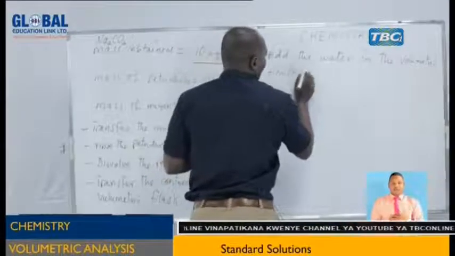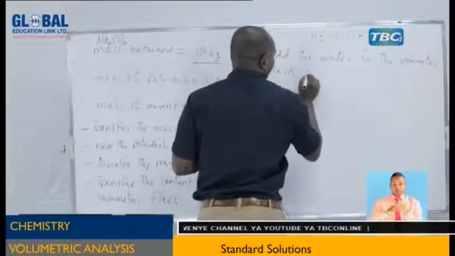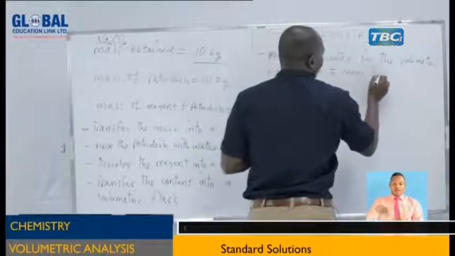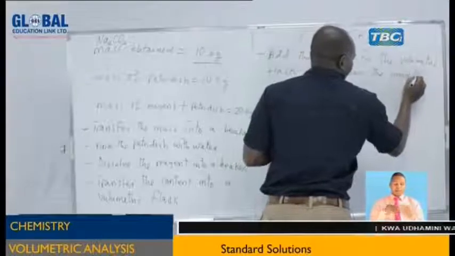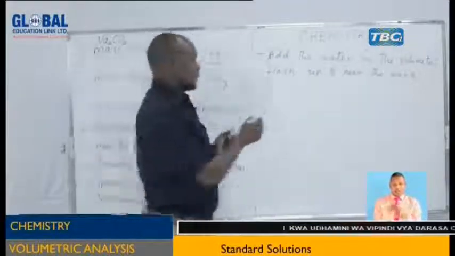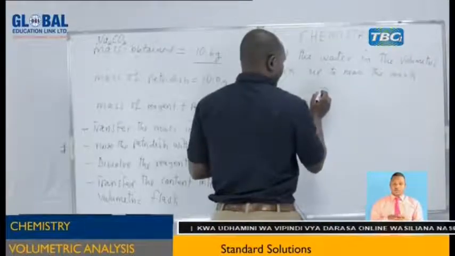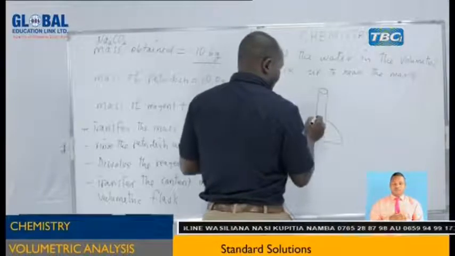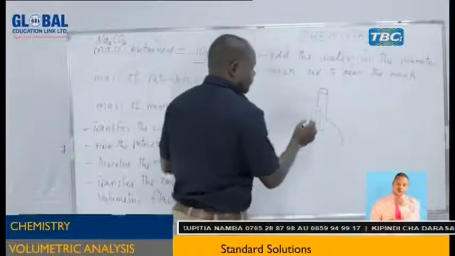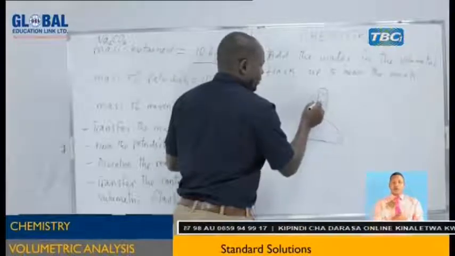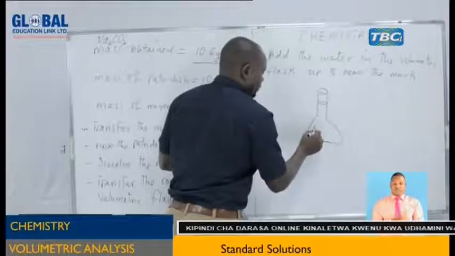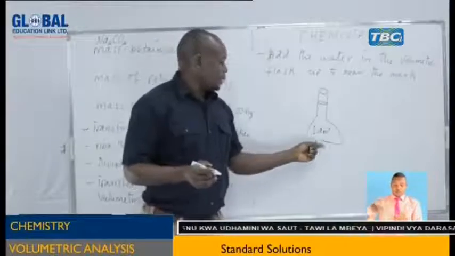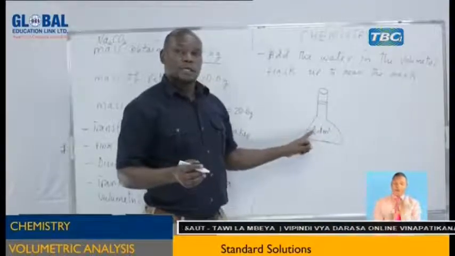Add the water up to near the mark of that volumetric flask, which means that if this is a volumetric flask of 1 liter, it has a mark here, where once you fill the solution up to this mark, it will be 1 liter of that solution.